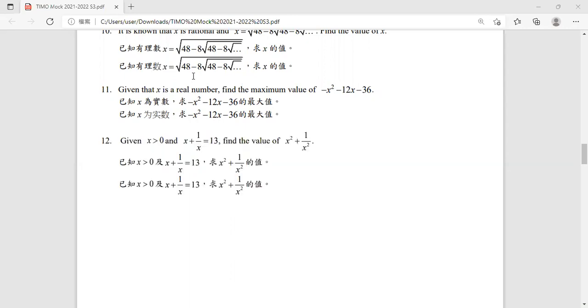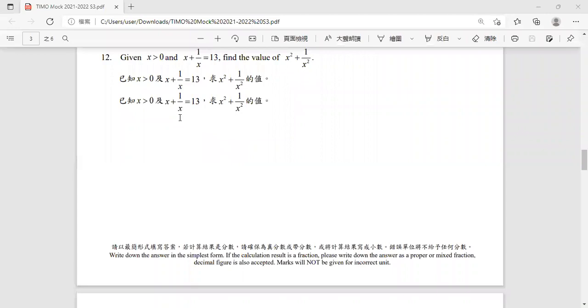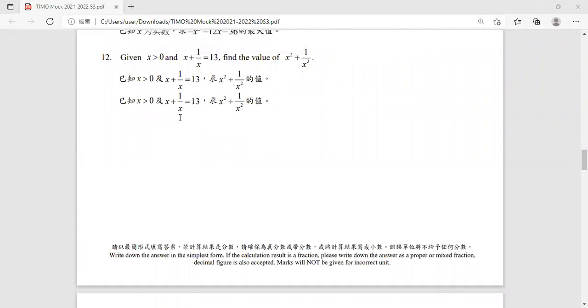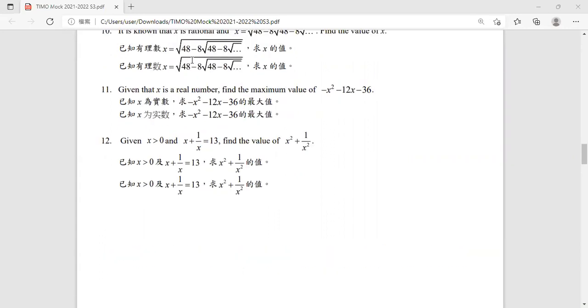Okay, 12. Now this one is also straightforward. You just pick the numbers. I just need to square this one.